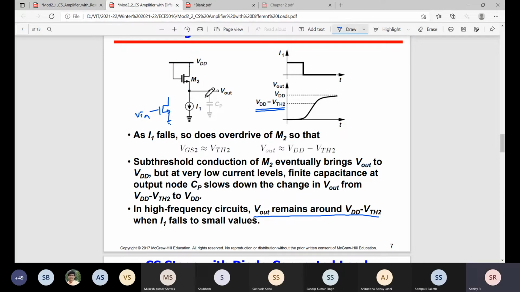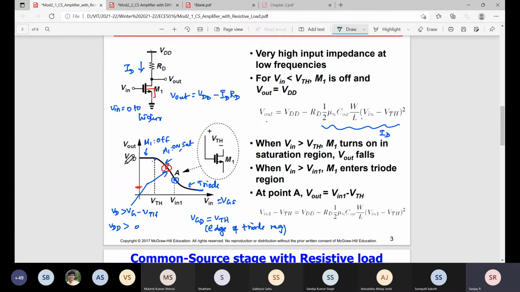Fine. So when I1 becomes 0, that means Vin is a very low value. You remember Vin is low in a common source amplifier. We assume the output voltage is VDD because there is no current.